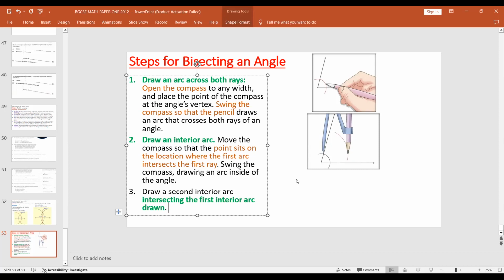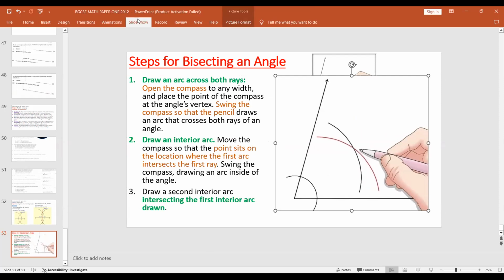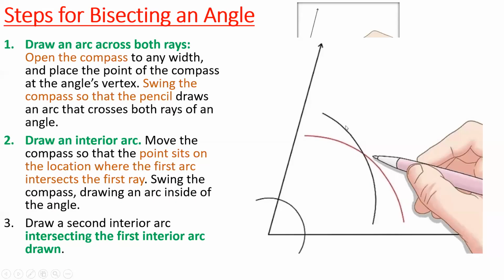Let me go back here just to show you. So remember the first one that you drew, you're going to draw another arc using your compass, and you're going to intersect the first one. Let me just show you. If you look carefully at this, what did we do? This is the first one that we drew, right? Then we're going to go to this particular point. Then we're going to draw another one.